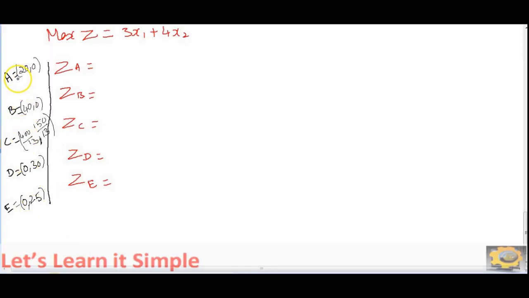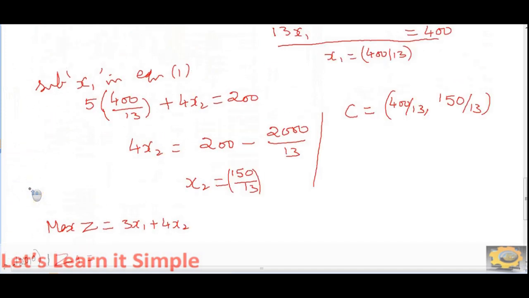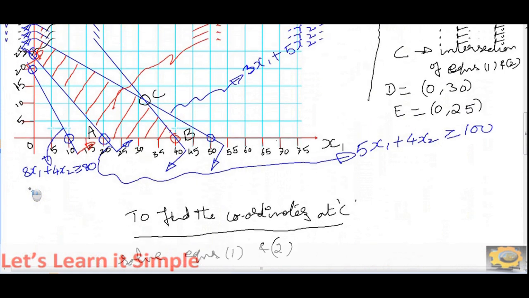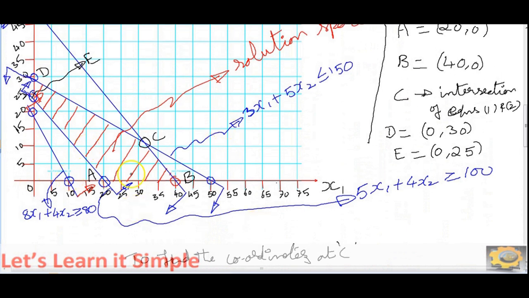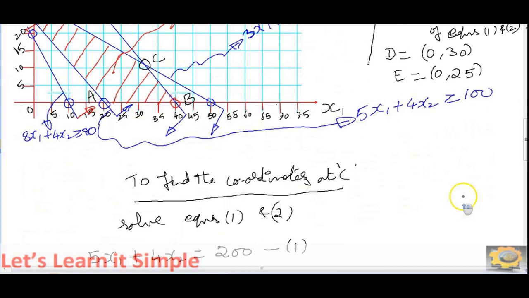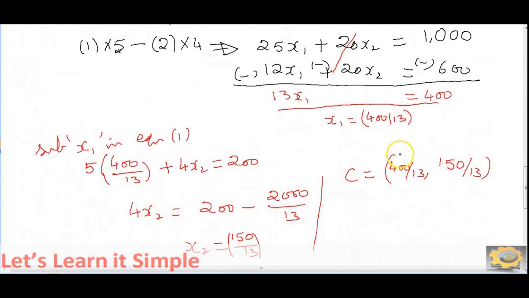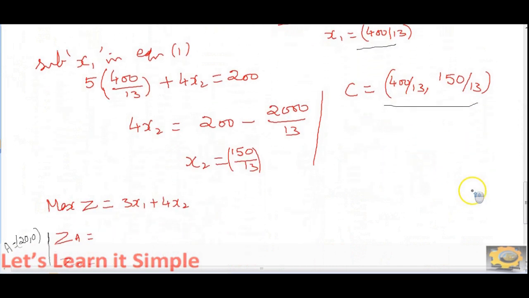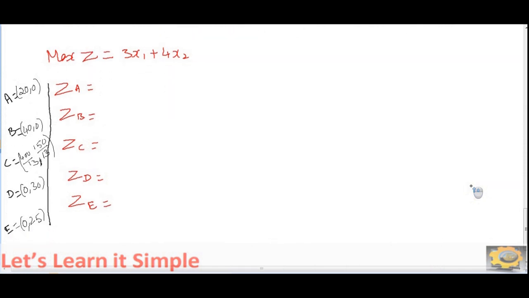These are the values we got from the solution space for A, B, C, D, E, which satisfy all the constraints. We have A, B, D already, and C we got as the intersection of equations 1 and 2, 400 by 13 and 150 by 13.